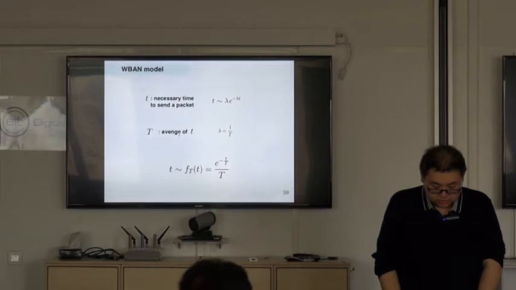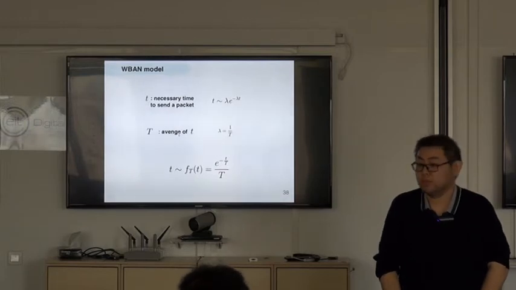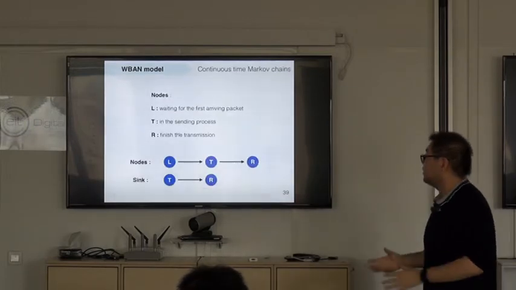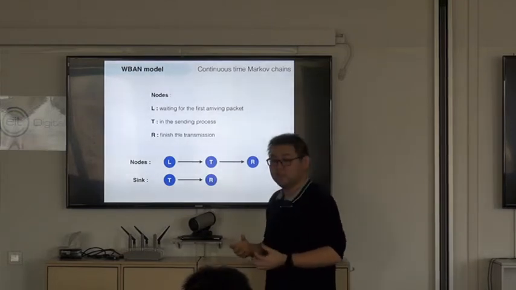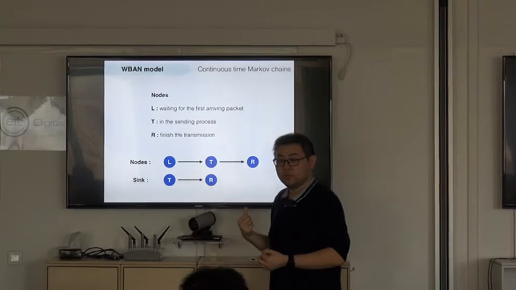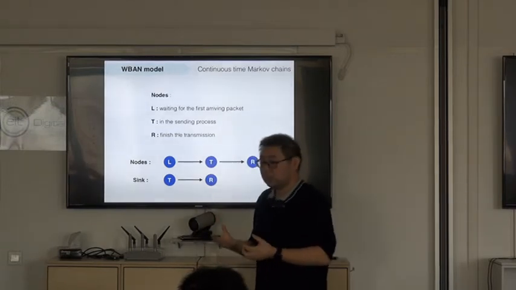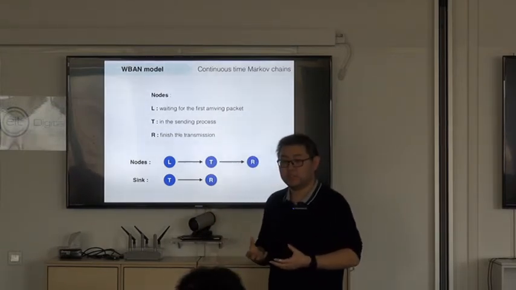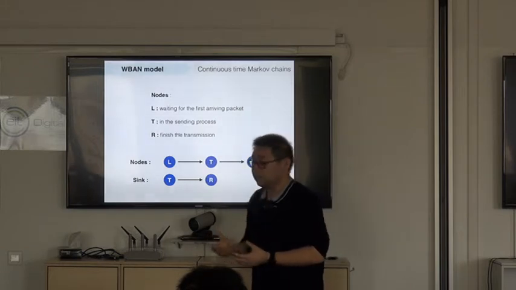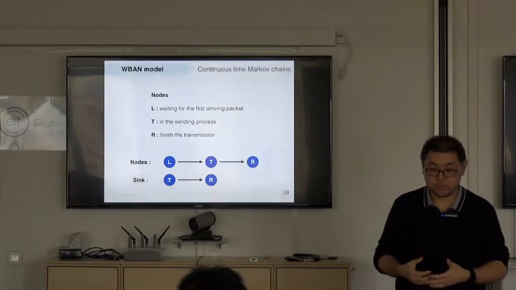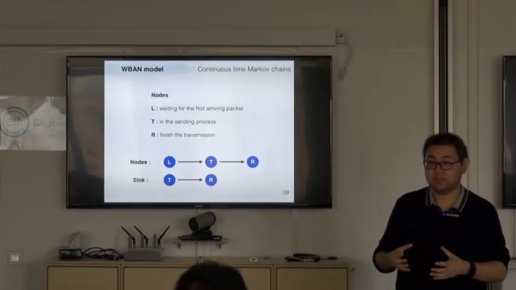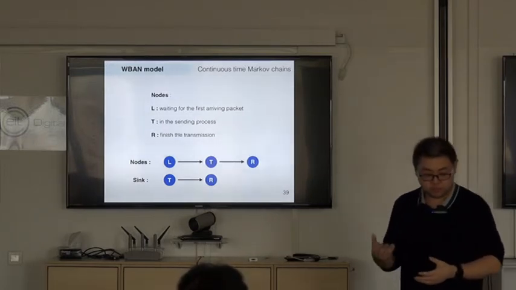After modeling the time, we can begin to talk about all the possible states for the nodes. For the nodes in the WBAN system, they can have 3 different states. The first state is listening, L. That means the node is waiting to receive the message. They are waiting for the first message.